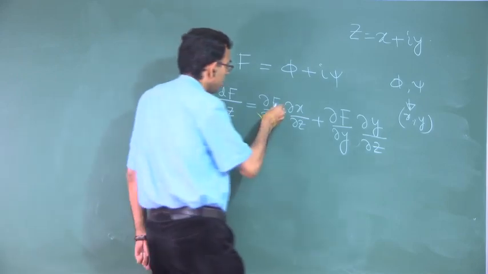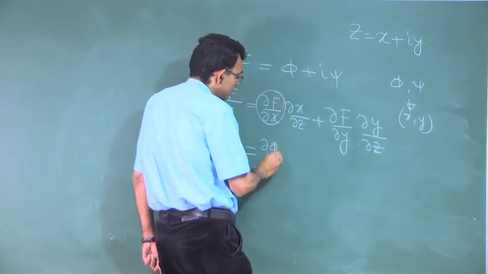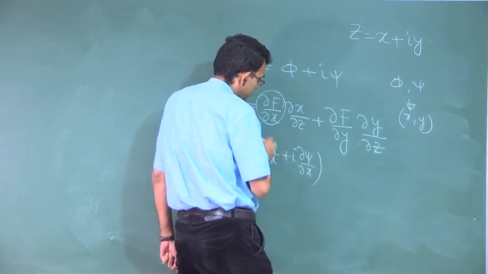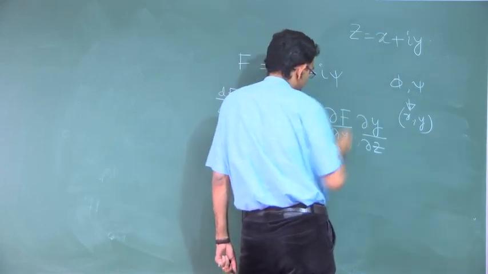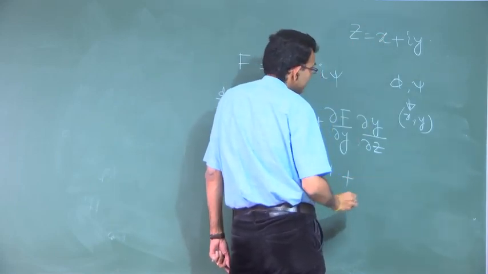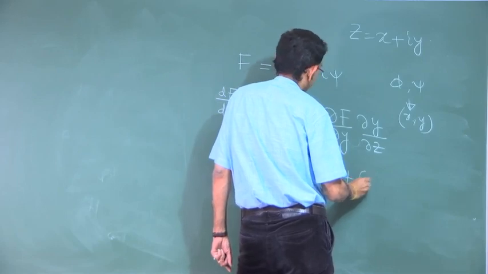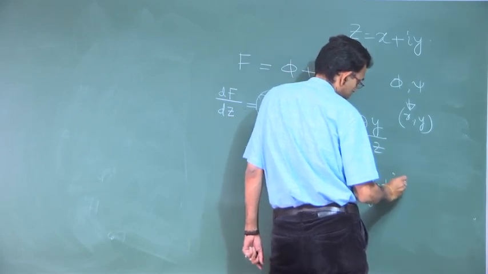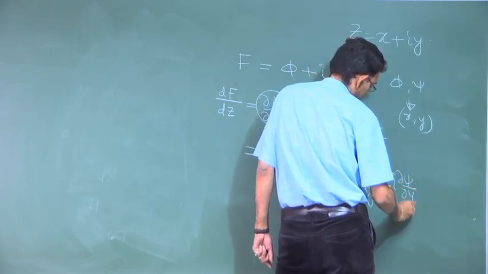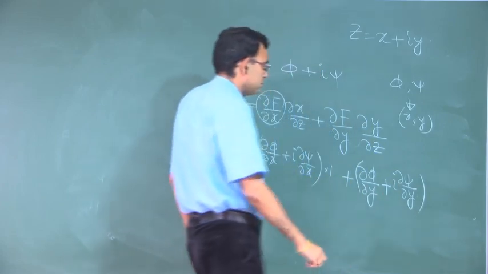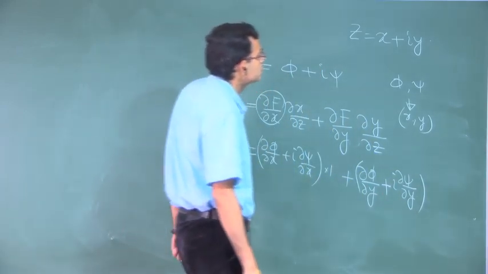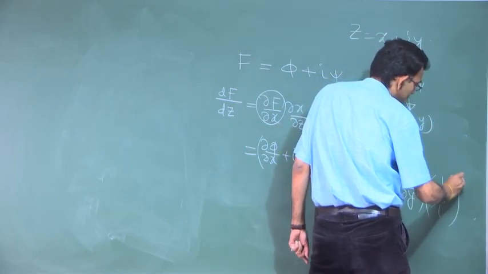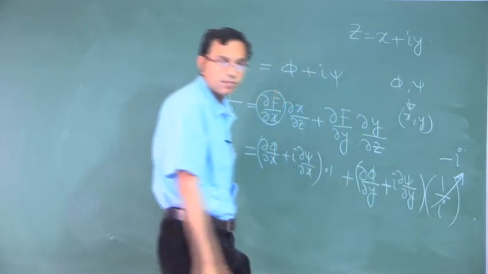So, df, the first term is del phi del x plus i del psi del x, del x del z is 1, plus del f del y is del phi del y, del y del z is 1 by i. 1 by i is as good as minus i, because i square is minus 1.